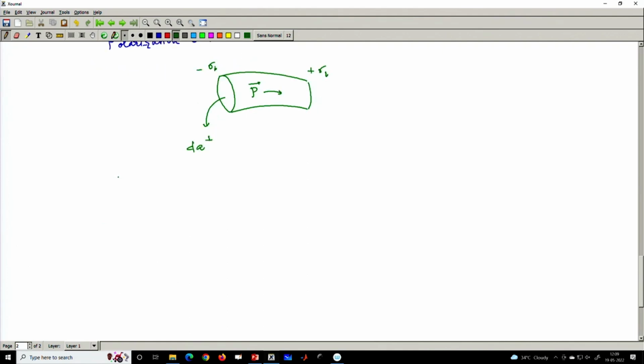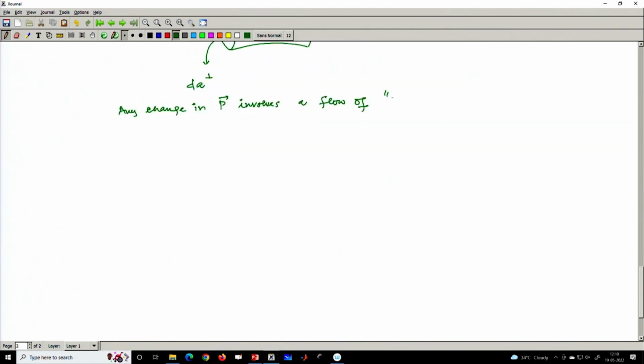let me write it first. So, any change in electric polarization, that means any change in vector P, involves a flow of bound current JB, which we actually call the polarization current.